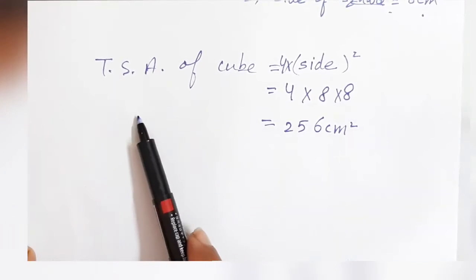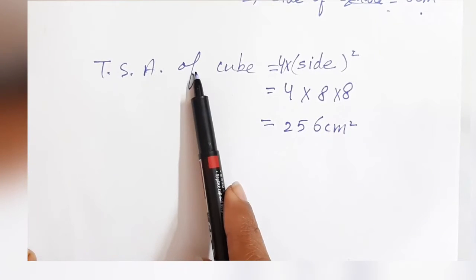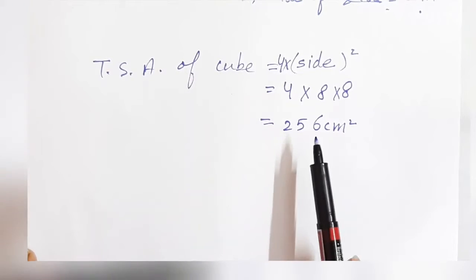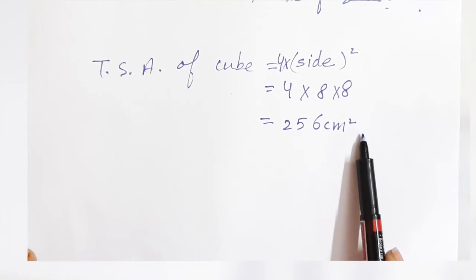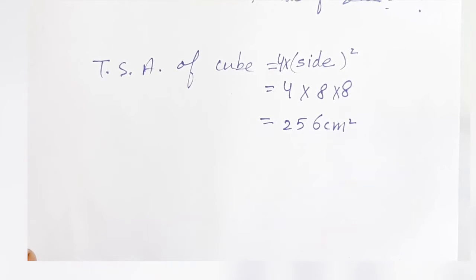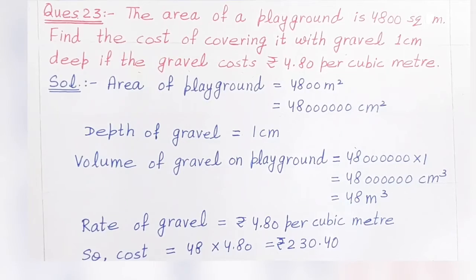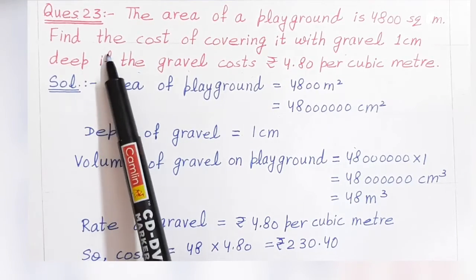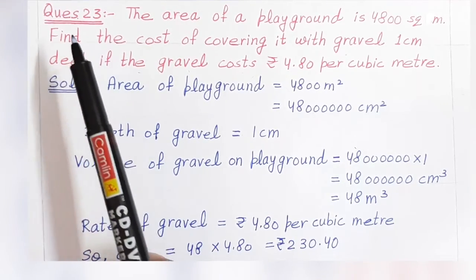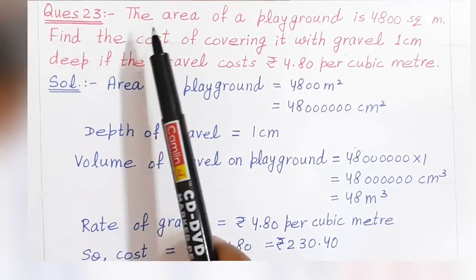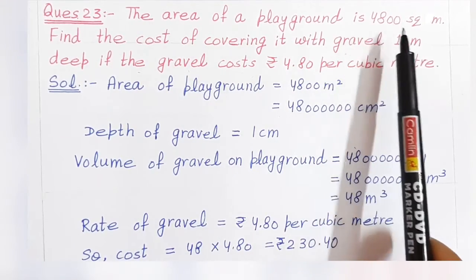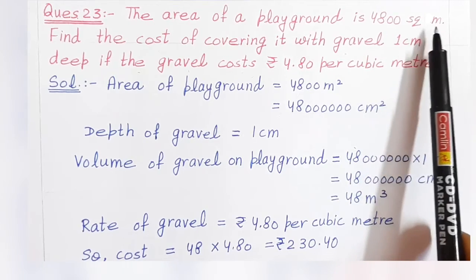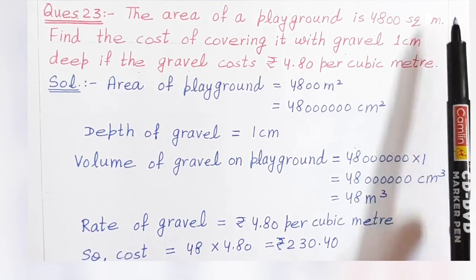So therefore, the total surface area of the cube is 256 centimeter square. Clear? Now let us move to another question, that is question number 23. The area of a playground is 4800 meters square.